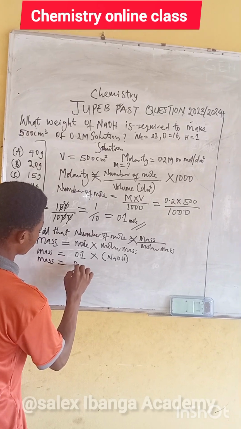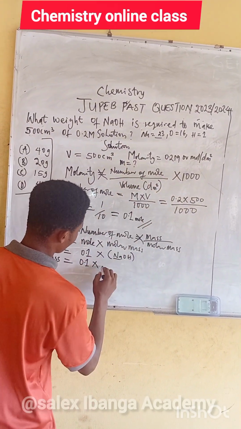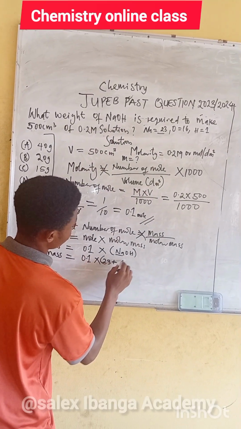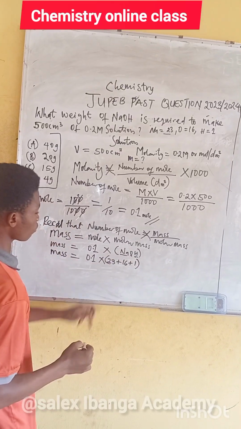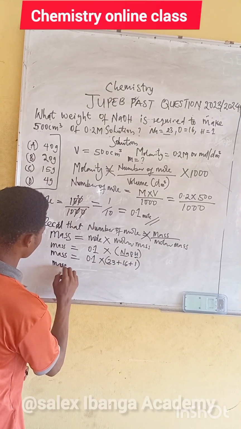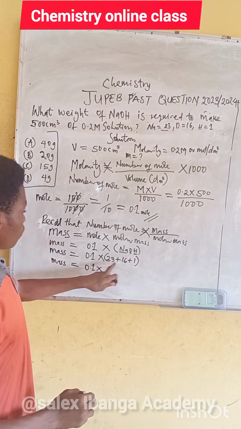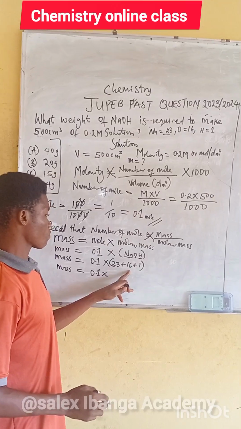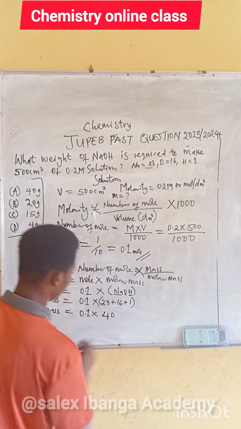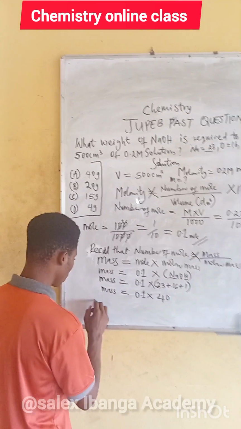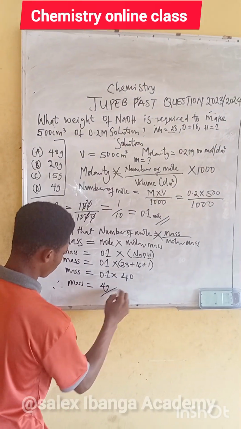Mass will be equal to 0.1 times Na, which is 23, plus oxygen 16, plus hydrogen 1. So 23 plus 16 is 39, 39 plus 1 is 40. So here is 40. 0.1 times 40. Therefore, our mass is 4 grams.